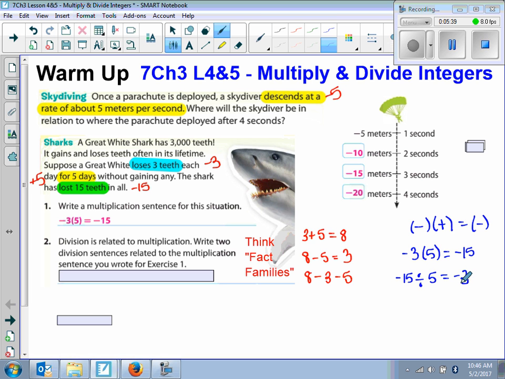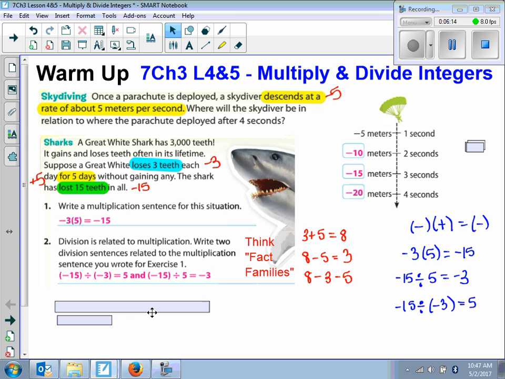Very good. We could also say negative 15 divided by negative 3 is equal to positive 5. Very good. And in this warm-up, we just figured out our division rules. Do you see it? A negative divided by a positive is equal to a negative. And a negative divided by a negative is equal to a positive. Very good. So those are the division sentences that are related to that multiplication equation.